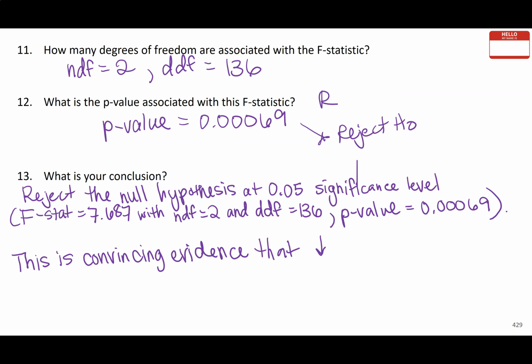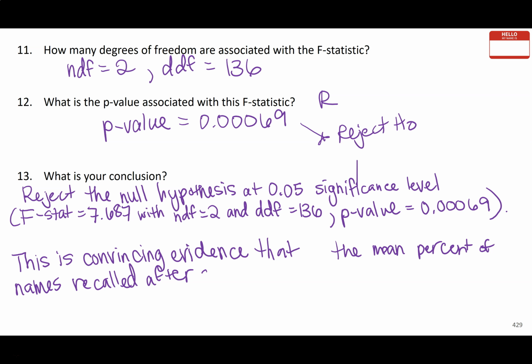So absolutely, listen to me say the rest, check it yourself, whatever you want here. So that the mean percent of names recalled after 1 year differed for at least one of the 3 name games.